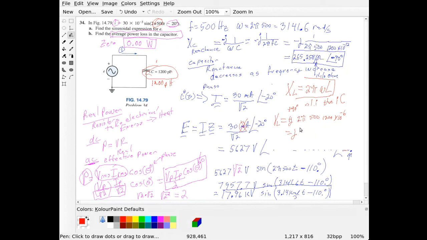Well, I'll write it out first so we can see it. So it's 0.0000003, 7699 is what I calculated that to be.